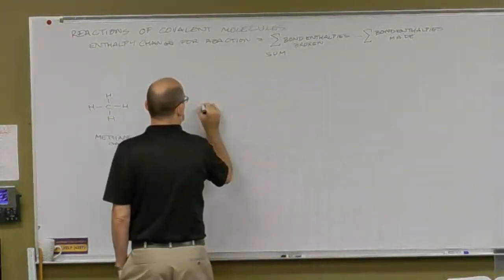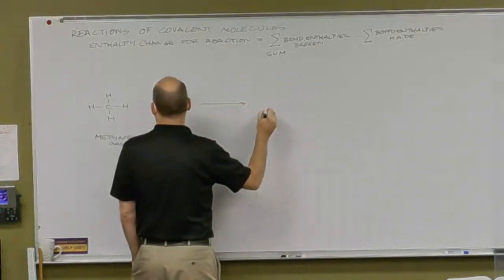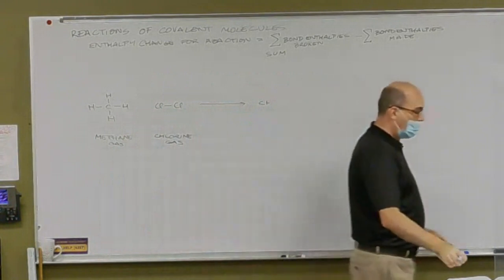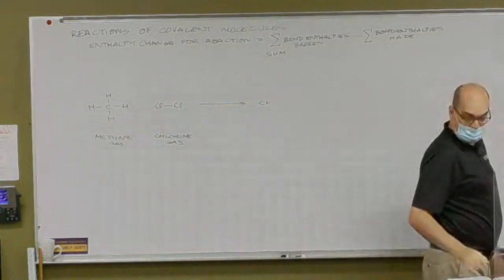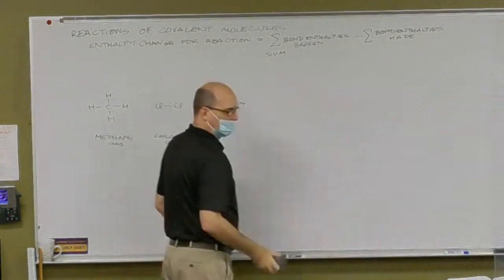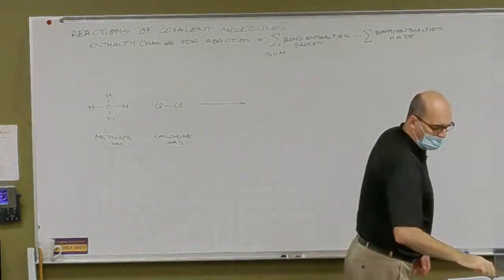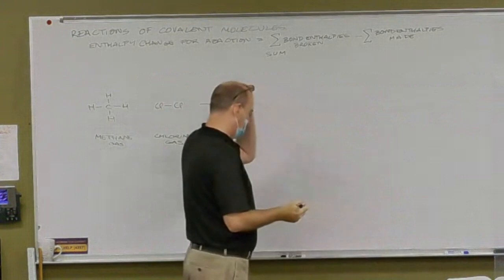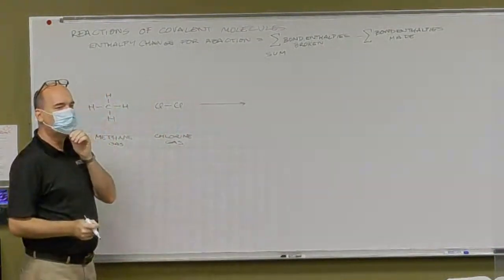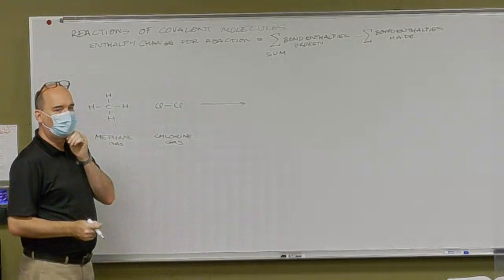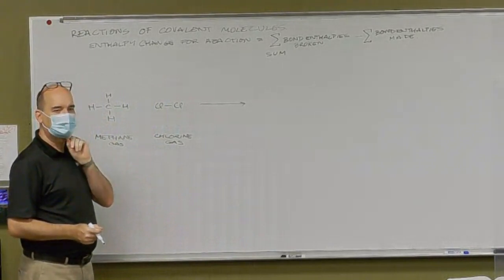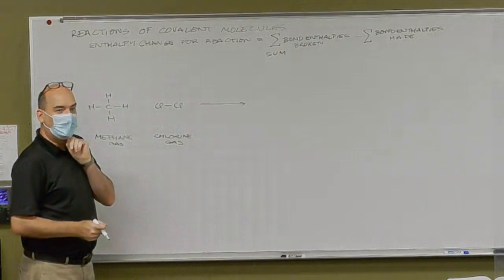I am going to switch some things around. Hydrogen is in group 1 on the periodic table. What group is chlorine in? Yeah. How many bonds does hydrogen always make? 1. How many bonds does chlorine always make? 1.